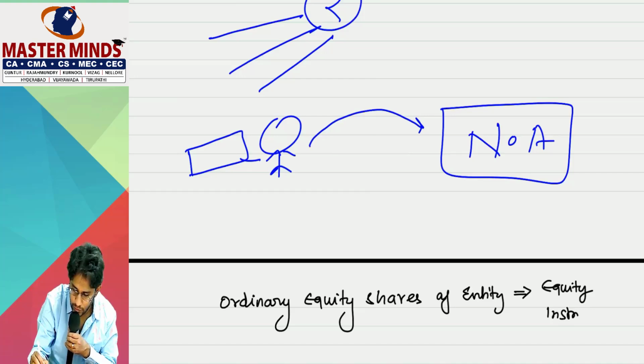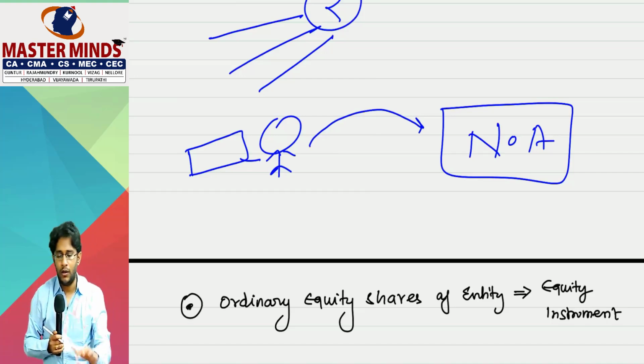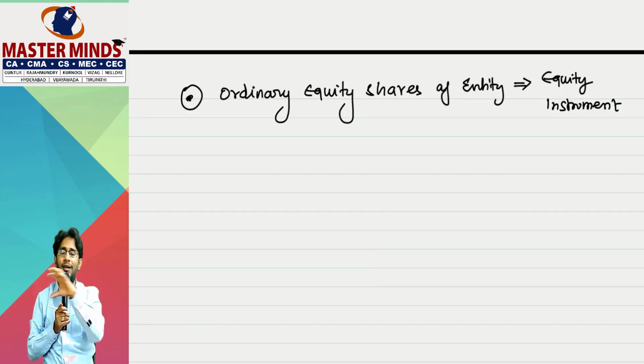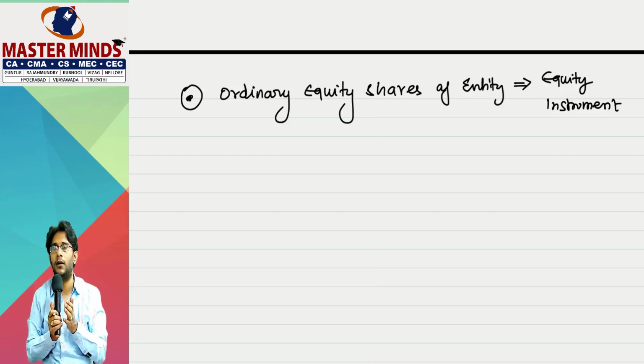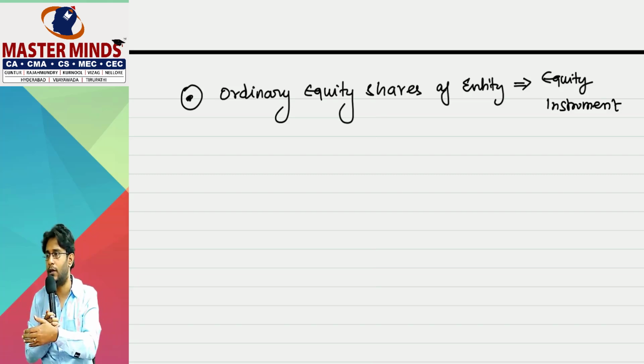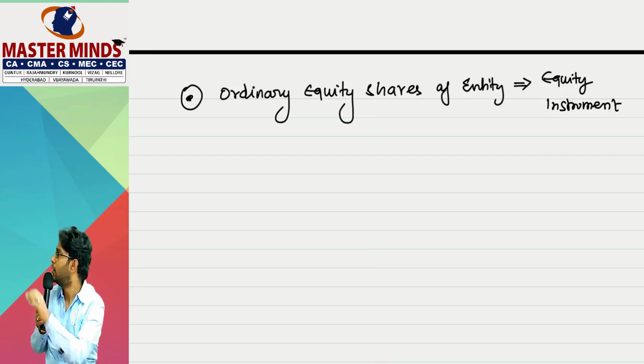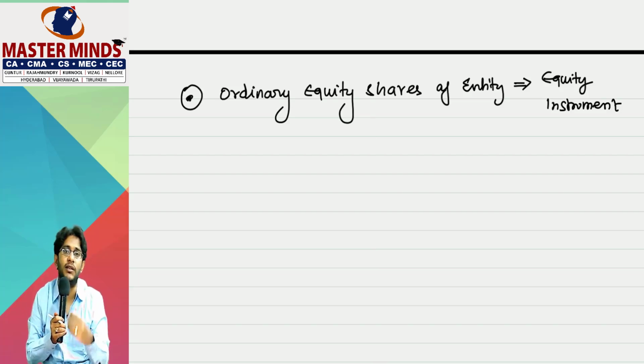equity instrument. Now, while discussing the original definition of financial instrument, I told you, the entire standard is all about demarcating between what is equity and what is financial liability from an issuer company's point of view. Now, when will you call something a financial liability?